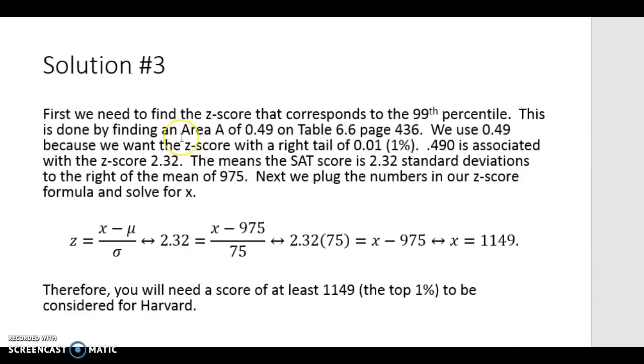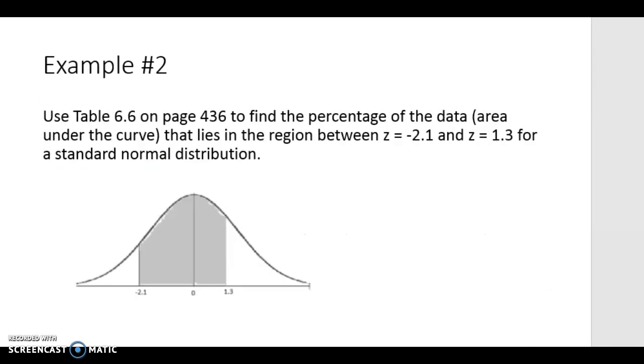All right, well, first you need to find the z-score that corresponds to the 99th percentile. That means we need 99% of the area under this curve to be shaded, and we're just looking at that z-score that corresponds to a little tiny area to the right that's just going to be the 1%.